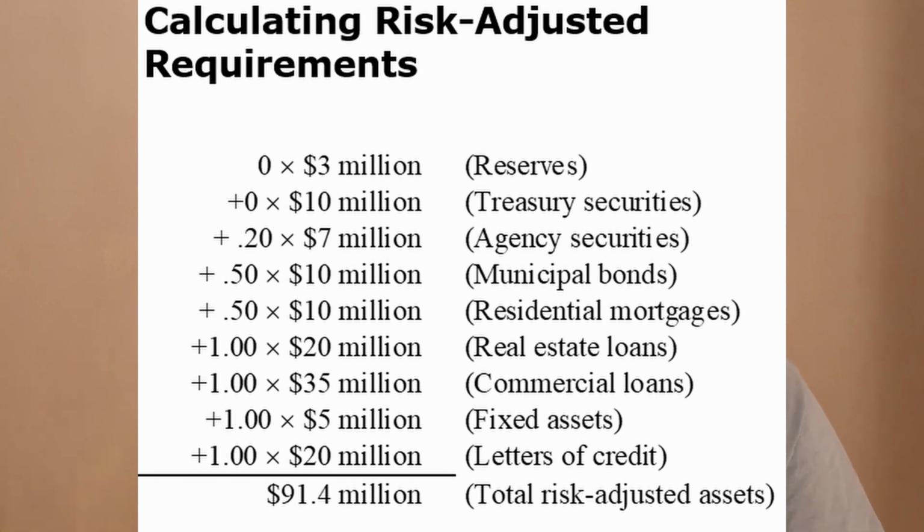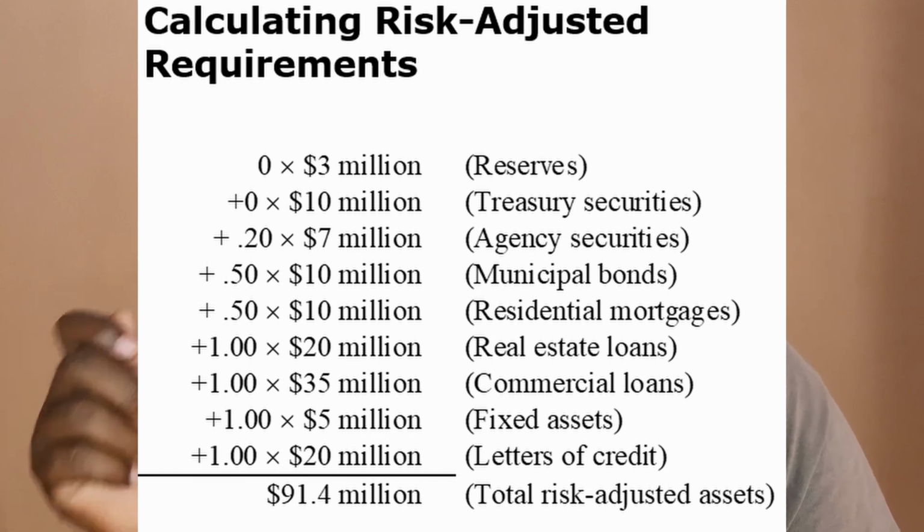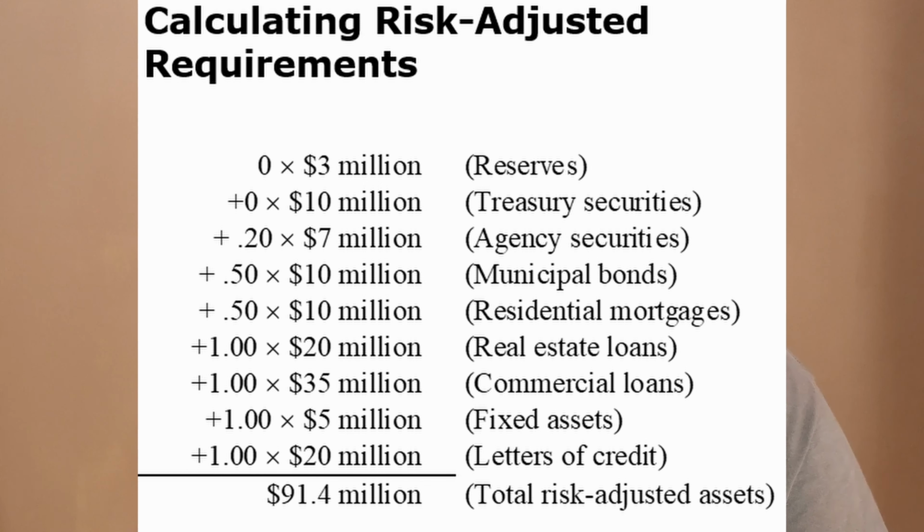A bank's reserve is literally cash you have, so you can't lose cash if you already have it. Treasury securities are money from the government, and government money is always said to be the safest. As you go down, agency securities are 0.20, municipal bonds 0.50, and residential mortgages 0.50.